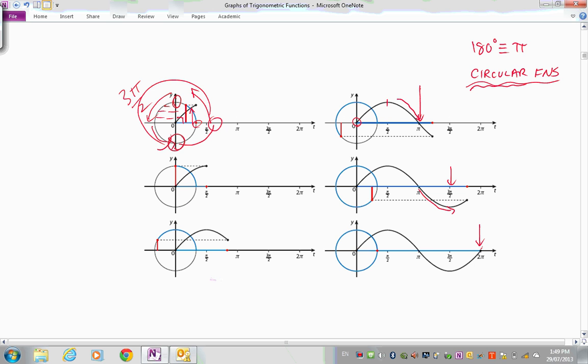So we could actually keep going, couldn't we? Around and around the circle, bigger and bigger, lots of the arc length. So it looks like this function is going to repeat itself every 2 pi, or have a period equal to 2 pi. This is mapping sine, the y value that you get with the point going around here.